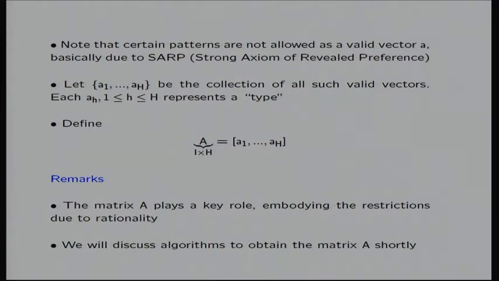If we totally ignore the rationality assumption, it would just be the combination of all possible choices. But of course, certain choices are not allowed under the revealed preference restriction. So this A matrix is the matrix of all choice patterns allowed under the rationality restriction. So A actually embodies all the rationality restrictions the random utility model is imposing.